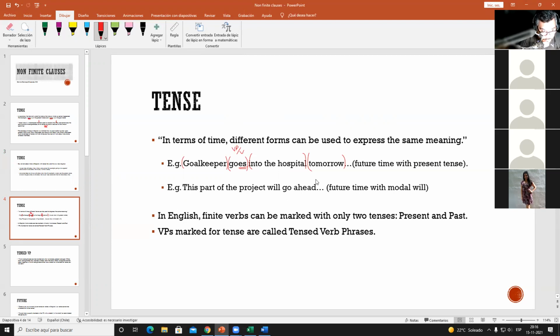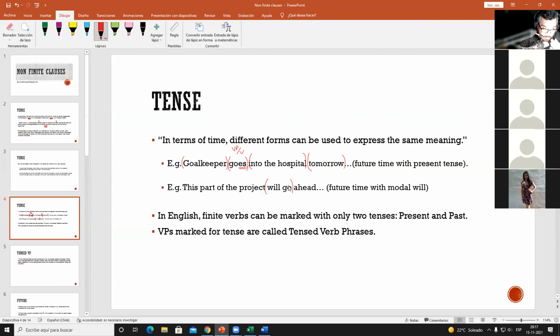Let's take a look at the second example. This part of the project will go ahead. That's future time. Yes, it's future time because it's referring to something that's going to happen later on with modal will. And I know this because of will go, even though you don't have tense, because you don't have a morpheme inside of the main verb go.